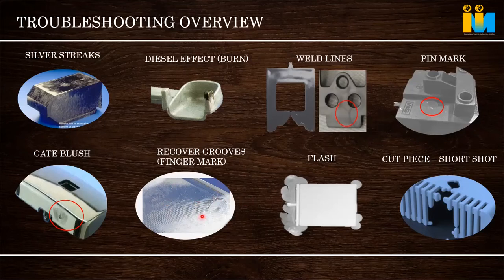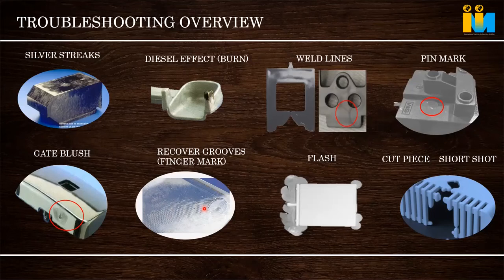So why is the finger mark coming? Because inside the cavity, after the gate, the material is not flowing smoothly at the desired speed. So what could be the reason? The major reason could be the feed system. Our runner and gate are not proper, so much pressure drop is happening. All the pressure we are giving in the machine is only going to the feed system, runner, screw and gate.